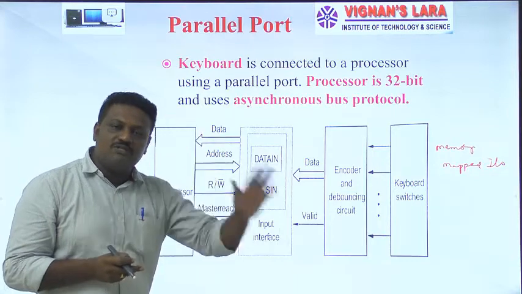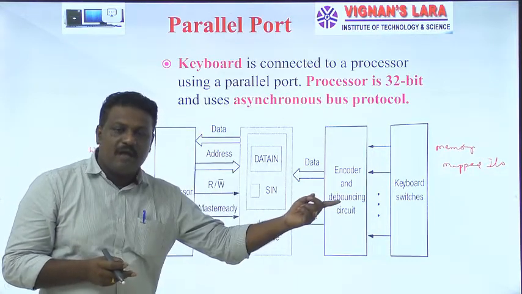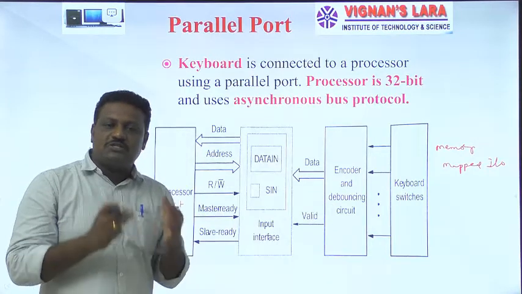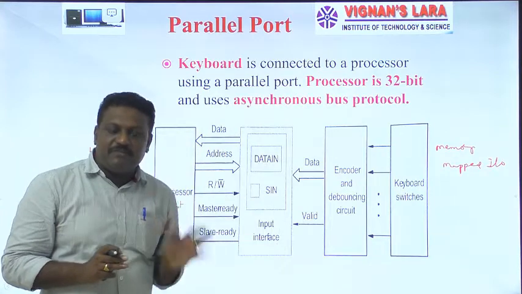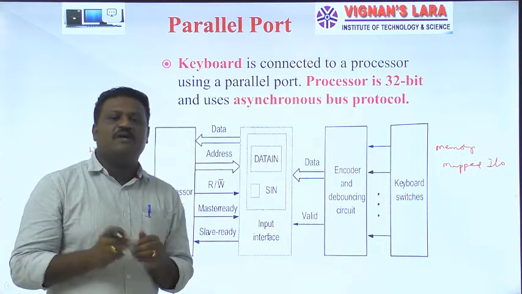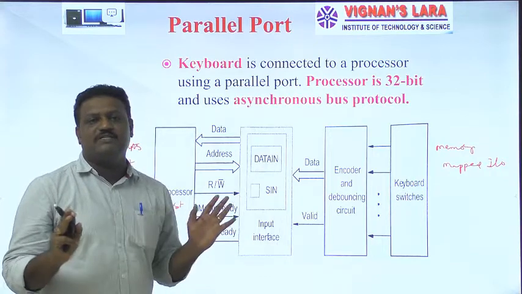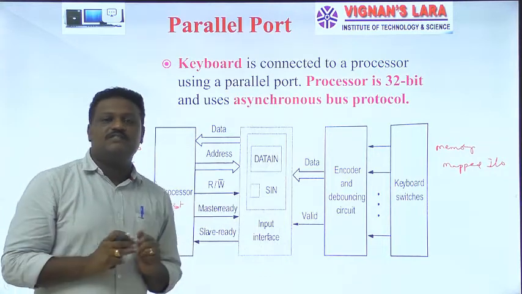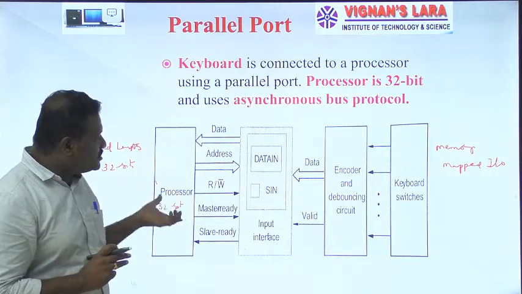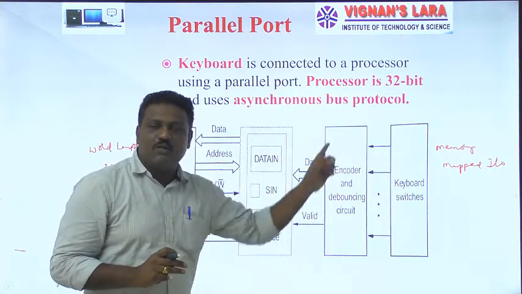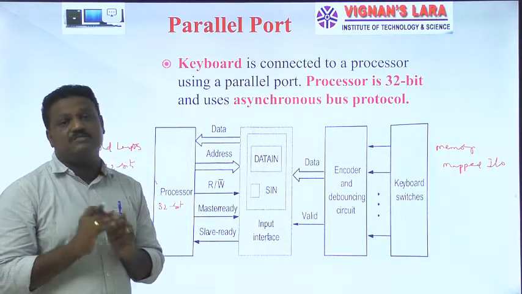Whatever instructions and control signals your processor uses to communicate with the memory, the same type of instructions and control signals it will use to communicate with I/O devices also. So designing of a system is very simple. So here my second assumption is, our processor can address an I/O device with the help of memory mapped I/O.